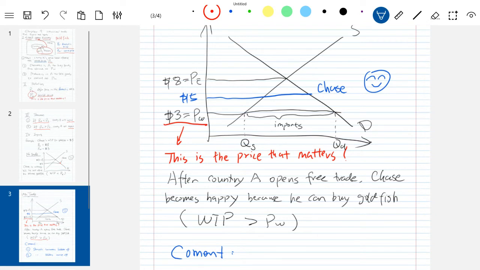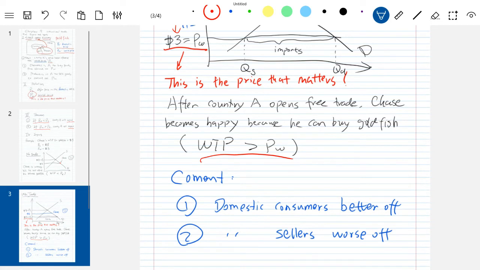As I mentioned earlier, after a country opens free trade, the price of goldfish is forced to reduce from 8 to 3 in this case. So Chase's willingness to pay is greater than the new equilibrium price, which is $3. So now he becomes a consumer in the market of goldfish.